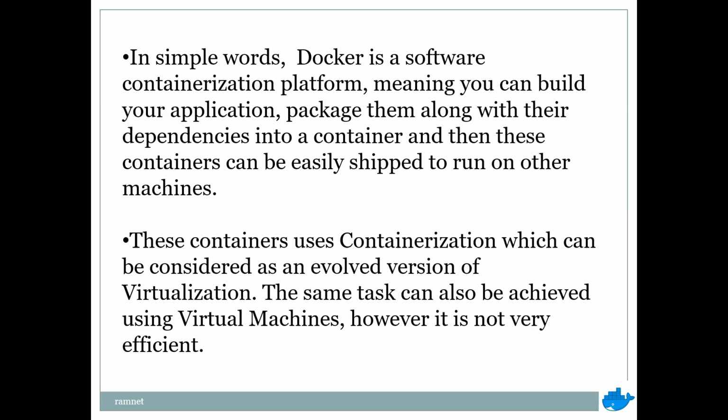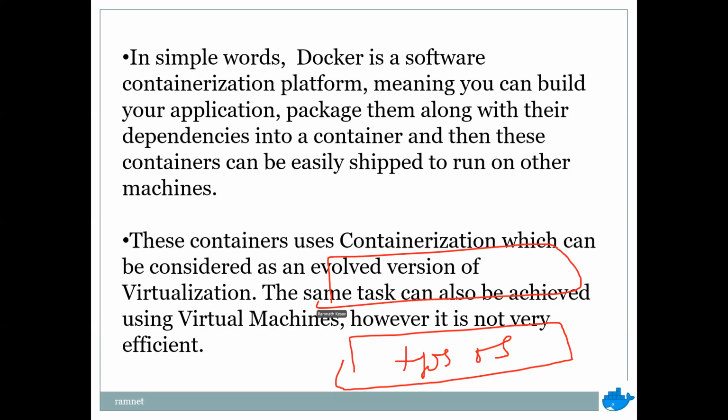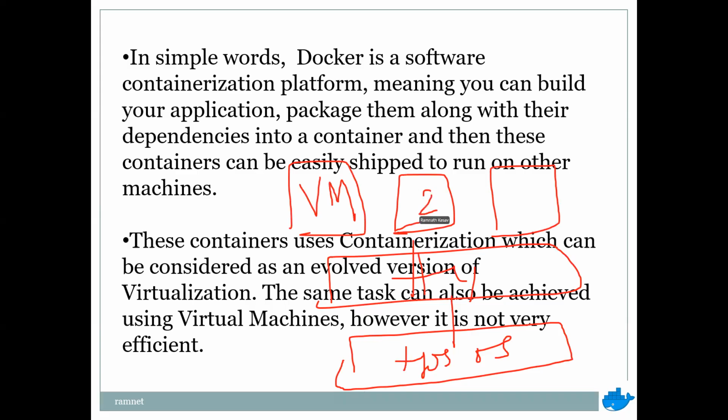For example, with a type 2 hypervisor, and even type 1 is the same, here is the host OS, here the hypervisor will be standing, and here the VMs will be sitting: VM1, VM2, VM3. All are talking through this hypervisor to the host OS, and the host OS has the CPU, memory, motherboard, network card and other functions.